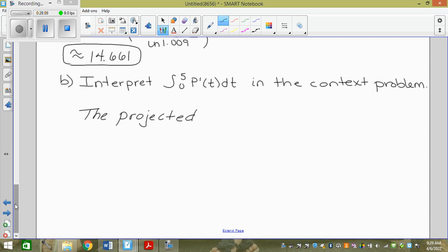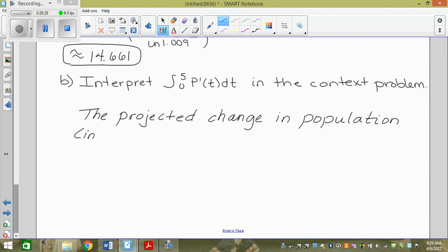Okay, so they use projections like this to help themselves out. So this here is the projected change in population, and we have to make sure we say in millions because that's what they told us, right?